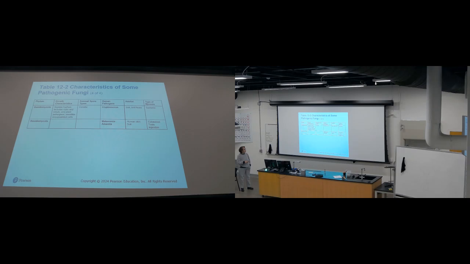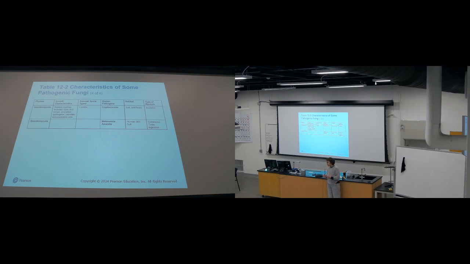Malassezia is another Basidiomycota. We have Malassezia furfur. I think so. It's not purple. It's furfur. Malassezia furfur. This causes a skin infection that is called tinea versicolor. Actually, most of the skin infections are called tineas.